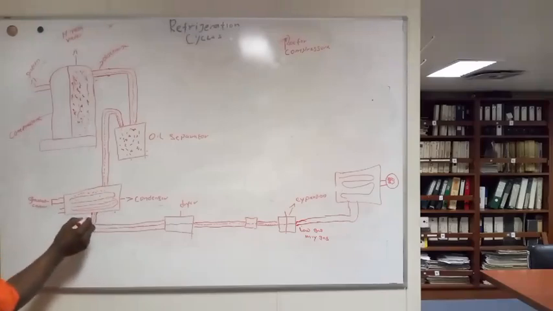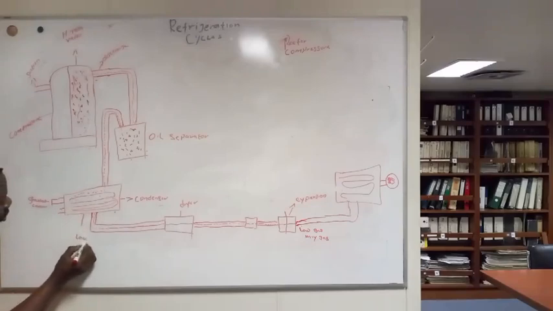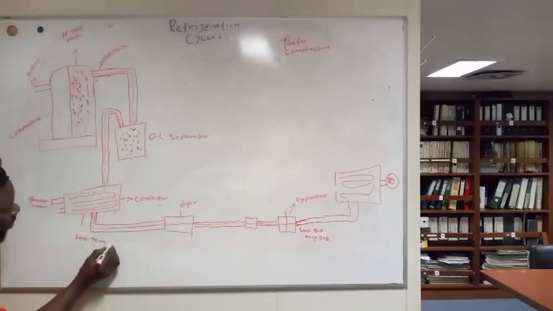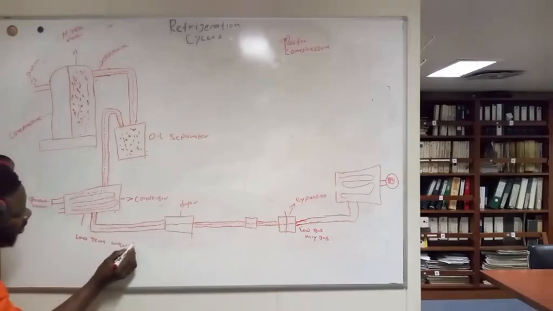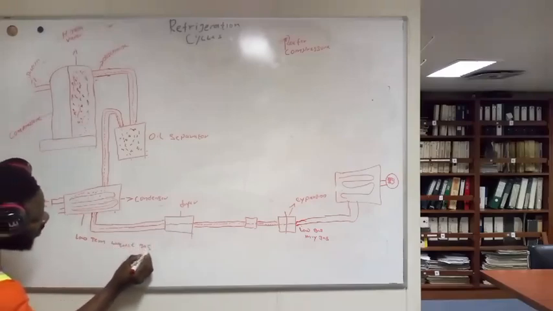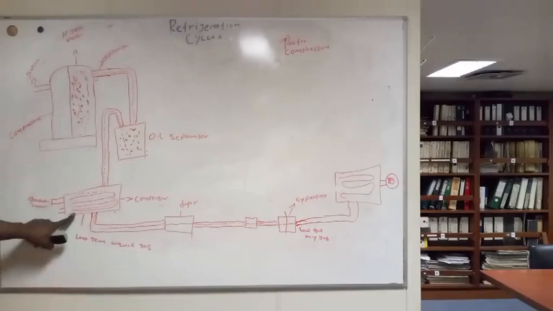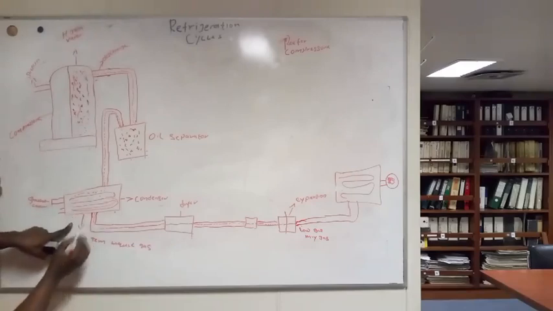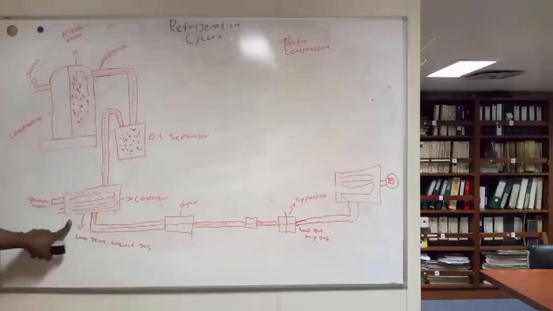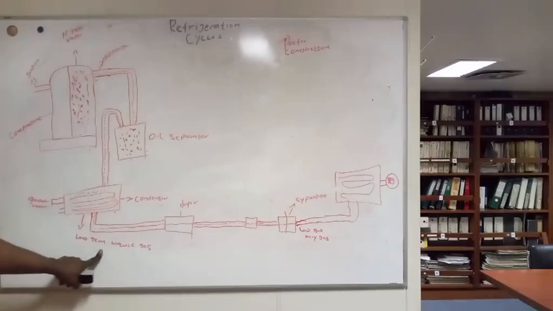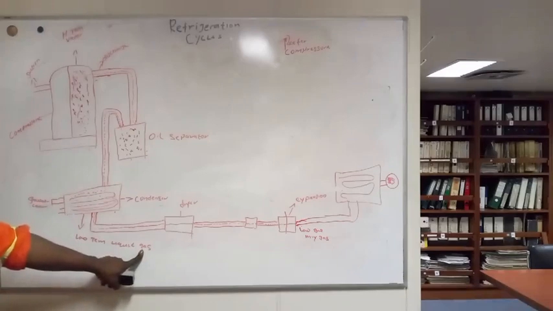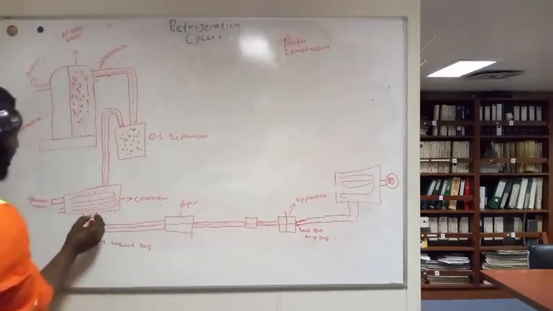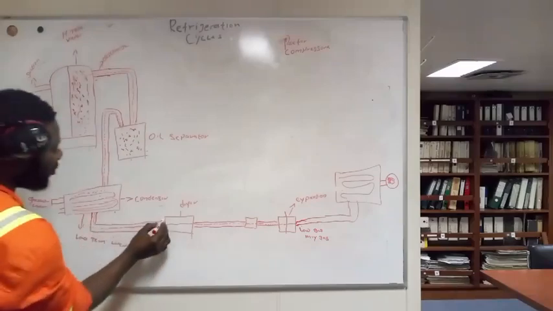When it comes out from this condenser, it becomes low temperature liquid gas. So the gas moves out from the condenser to the dryer.